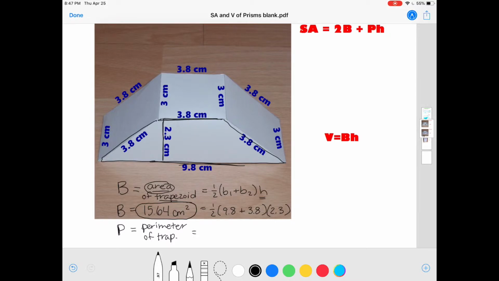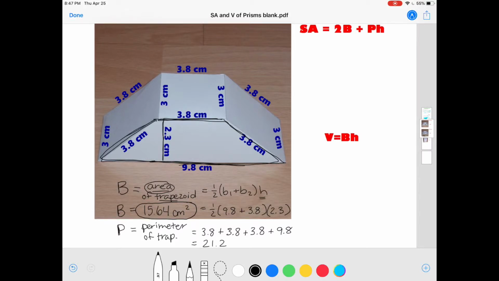No, we're going to add up just the perimeter of one of those trapezoids. And P just means like the perimeter of one of the trapezoids. So I'm going to take the 3.8 plus the 3.8. Did you notice there were 3.8s on this trapezoid? And then that 9.8 on the bottom. So let me type that in. And I'm getting 21.2.